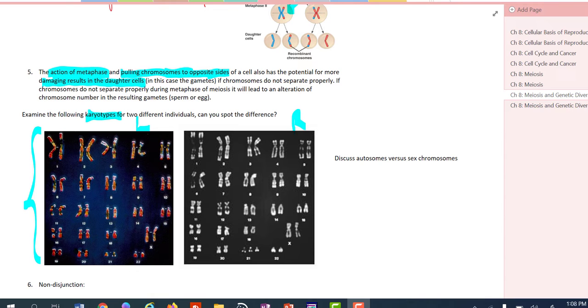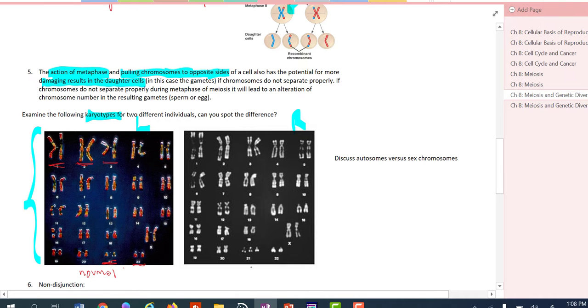So if you paused the video and looked carefully, hopefully you would have noticed that this karyotype over here is a normal karyotype, having a pair of chromosomes for each set, all the way down to both 21 and 22. There are 2 chromosomes for every number.